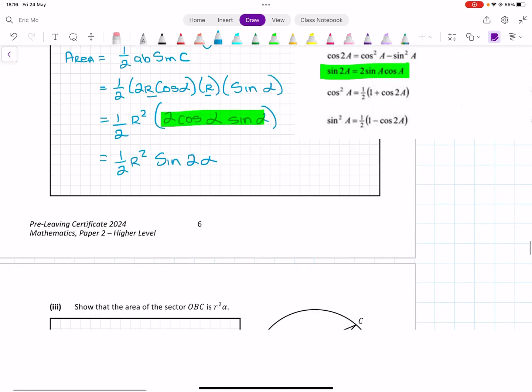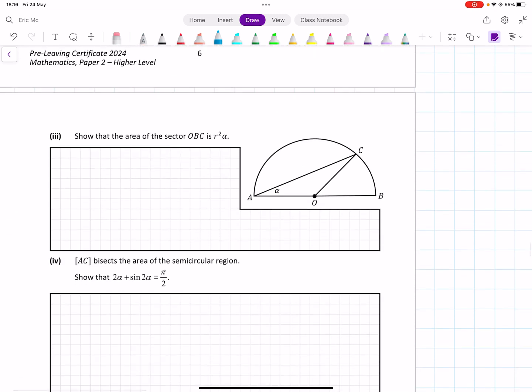It worked out fine. Show that the area of the sector OBC, so that's this bit here, is r squared alpha. Okay, so the formula for a sector, back into the formula and tables book, but this time I'm at area.